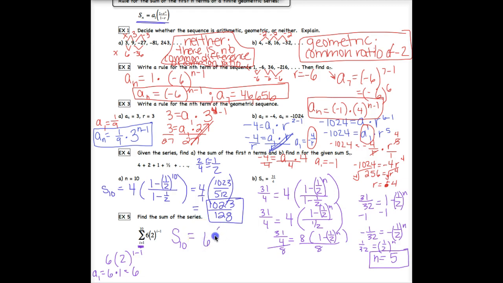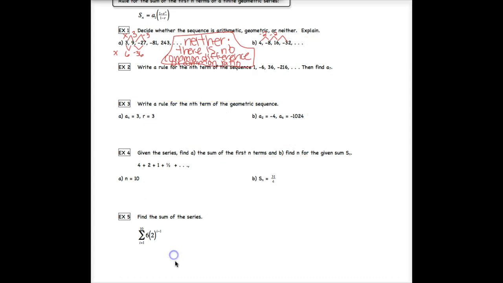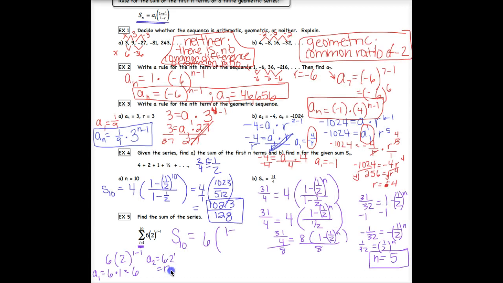Then I've got 1 minus r. Well, you know that r, when you're looking at the rule, is going to be whatever is in here. Now, if you didn't know that, you could find the second term and then divide them. So if you wanted to find a sub 2, so 6 times 2 to the first, which is 12, and then say 12 divided by 6.